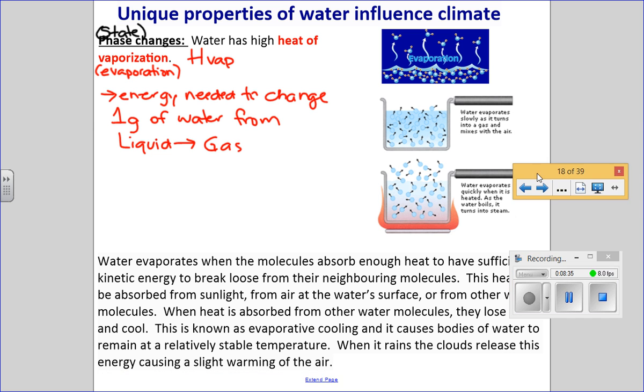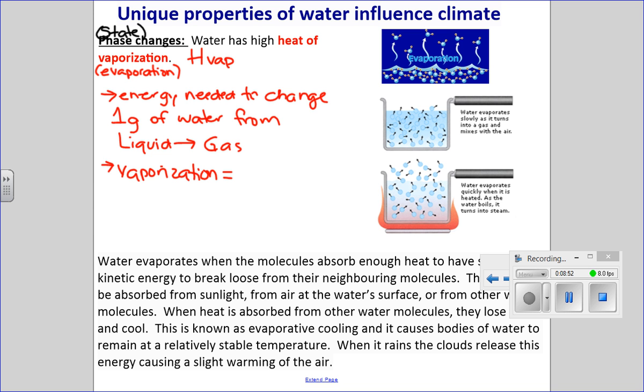Now over here on the side, I'm trying to illustrate to you what is happening when water is evaporating. And the idea is that vaporization happens when water molecules get enough energy so that they are moving quicker. So vaporization really is just quicker movement.